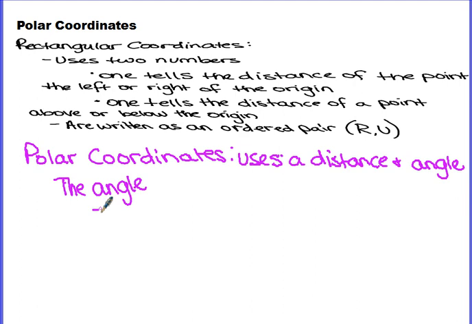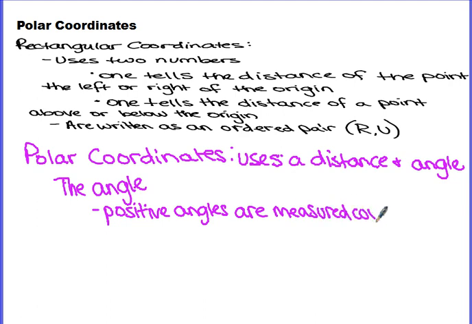In polar coordinates, positive angles are measured counterclockwise from the positive x-axis.